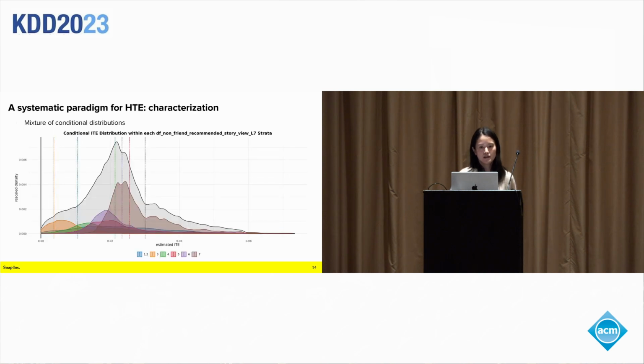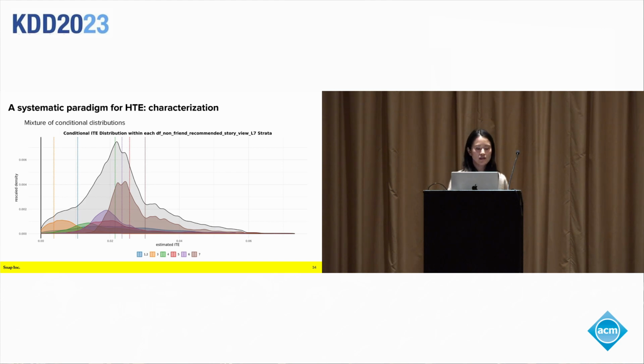And finally, the characterization step. After we identify the breakdown that best explains the HTE from the previous step, in the third step, we surface the conditional ITE distribution for every strata from that breakdown. And then we visualize the global ITE distribution as the weighted mixture of these empirical distributions within each strata.